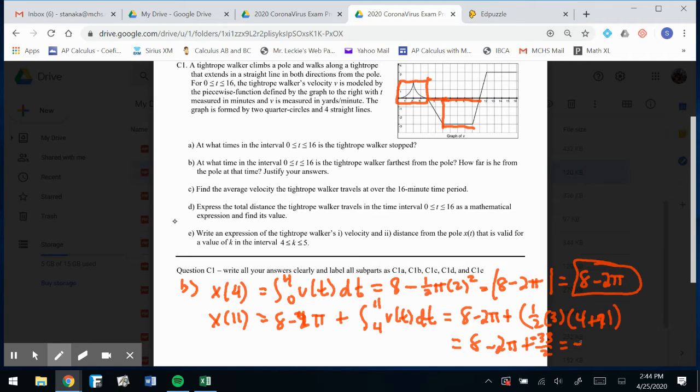So that'd be negative 17 over 2 minus 2 pi. Take the absolute value of that because that's how far we are from the pole, even though we might be going in the other direction. And that is what we would get. Does that kind of make sense? So that'd be 8.5 plus 2 pi. That's how far away we would be from the pole.